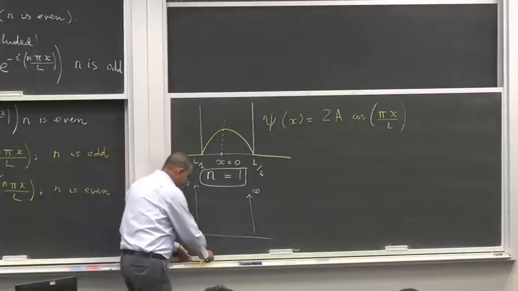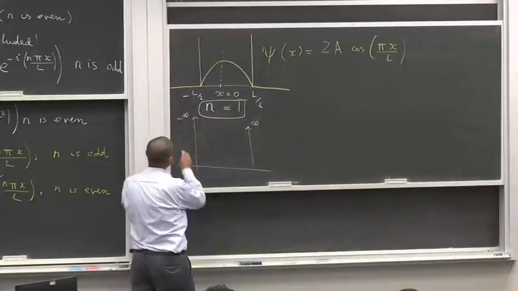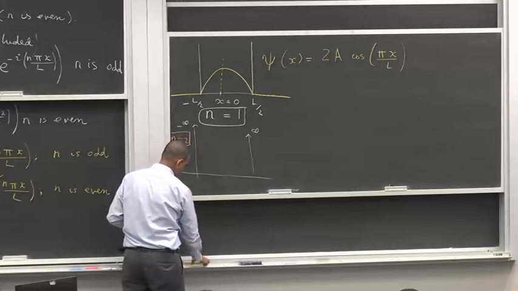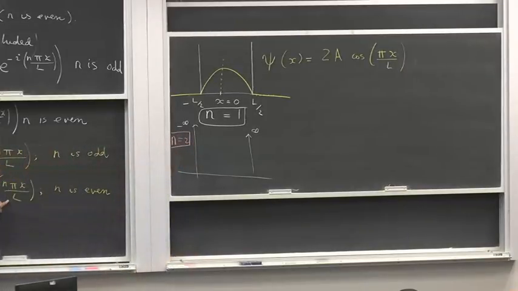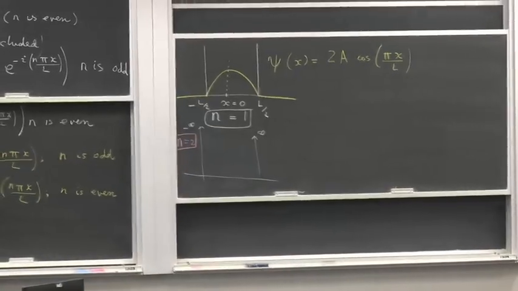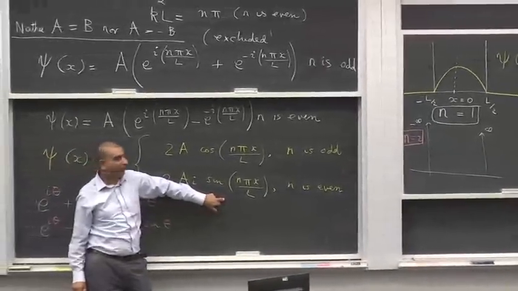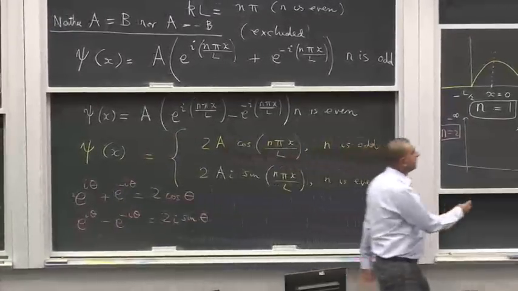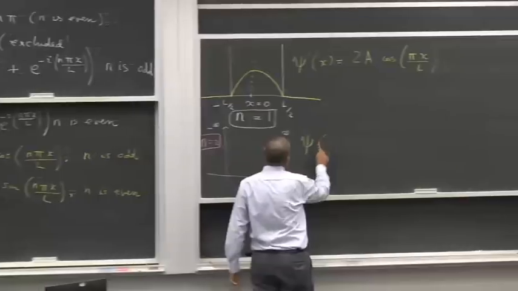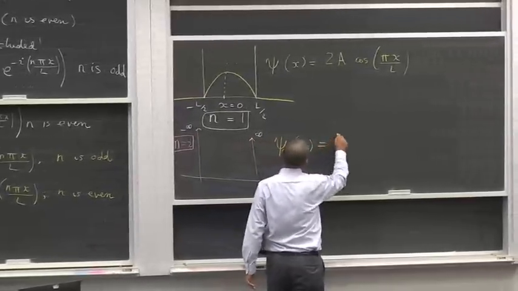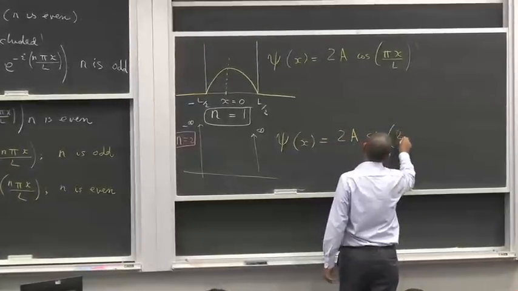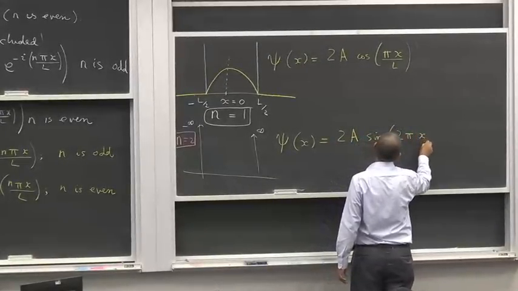Now for n equals 2, this equation would apply, because 2 is even. So my wave function in its mathematical form is going to be given by 2a sine of 2 pi x over L.